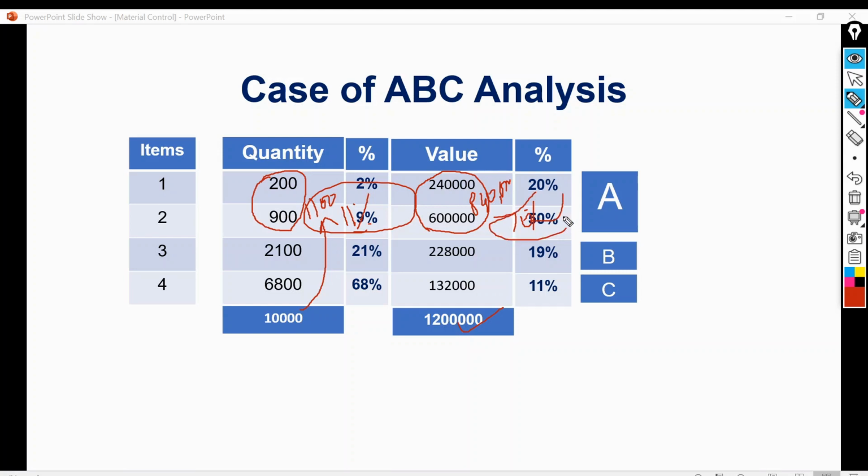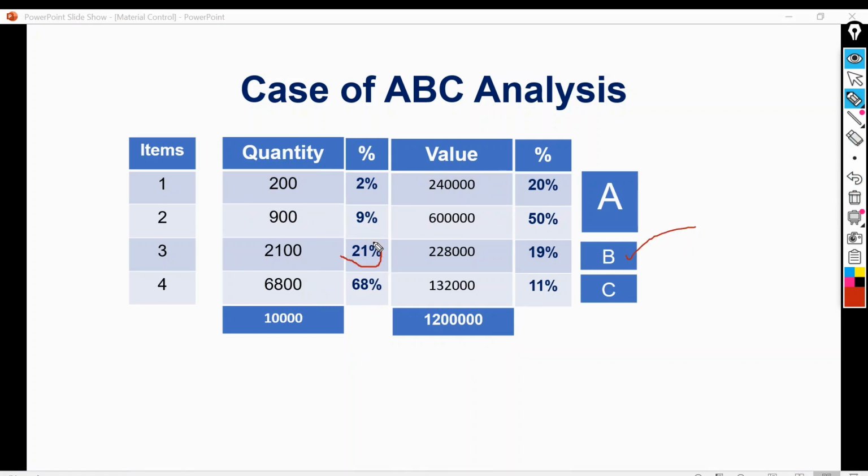So what is the criteria under the A category? Under A, the total quantity is approximately 10% of the total quantity, and the value of such stock is approximately 70% of the total stock. In category B, the moderate level, the quantity is approximately 20%, and the value is also approximately 20%.